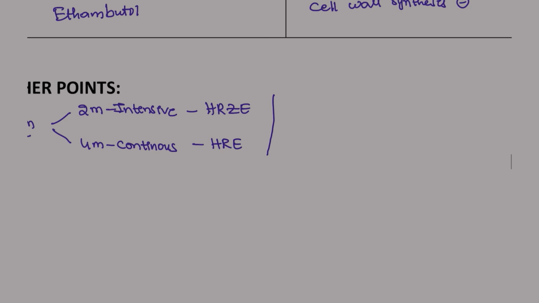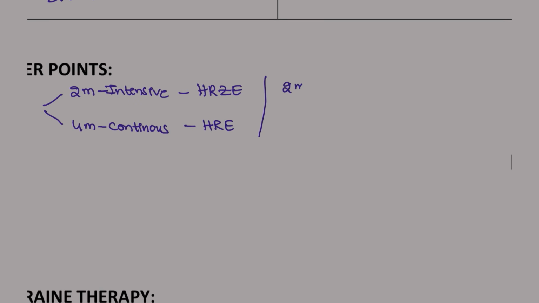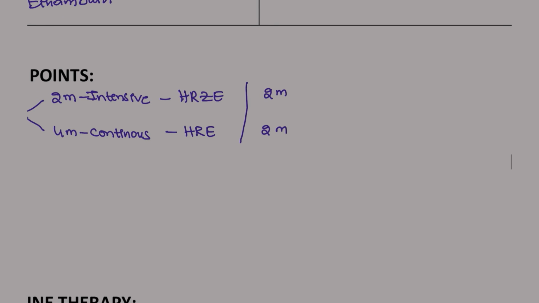The new regimen has an intensive phase of 2 months and a continuation phase of 2 months, replaced by HRMZ, and then only HRM. These are the drugs that we are going to give. So ethambutol is replaced by moxifloxacin.